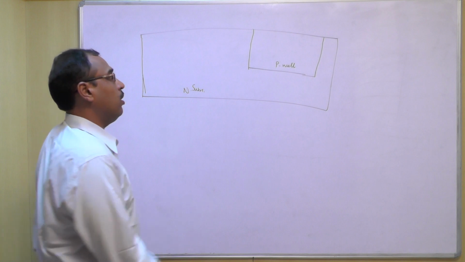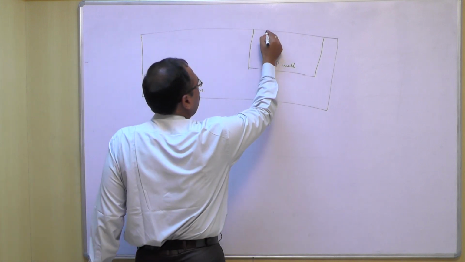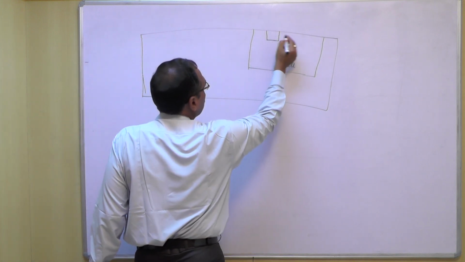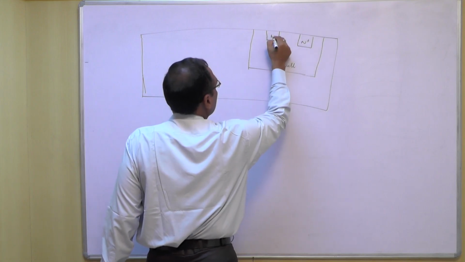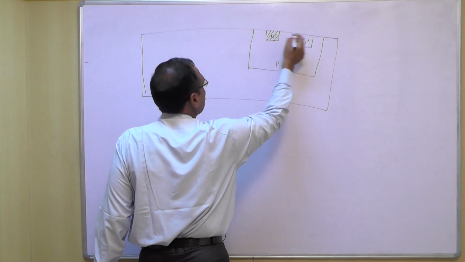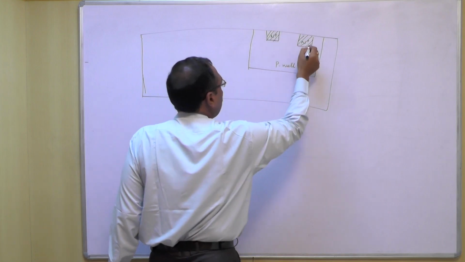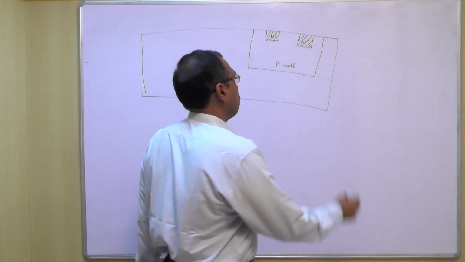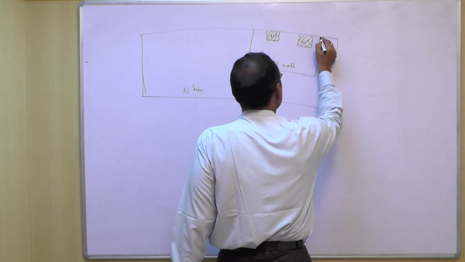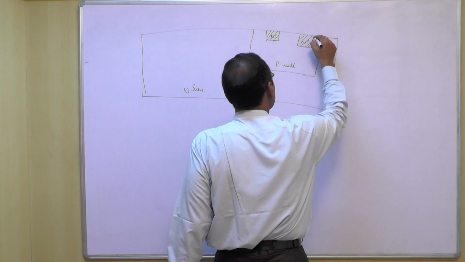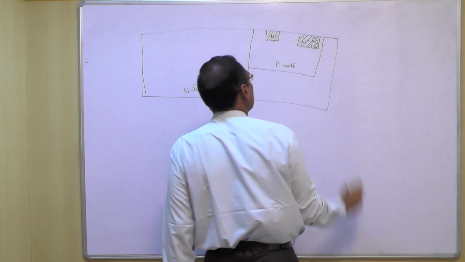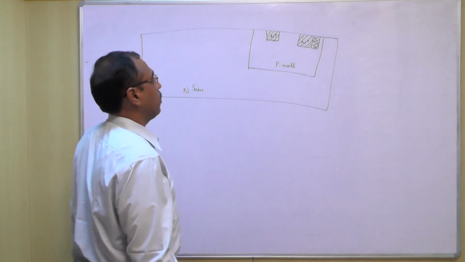Over the P-well, we create NMOS transistors with N plus. This is also N plus. And to avoid the body effect, a P-well contact will be created here.